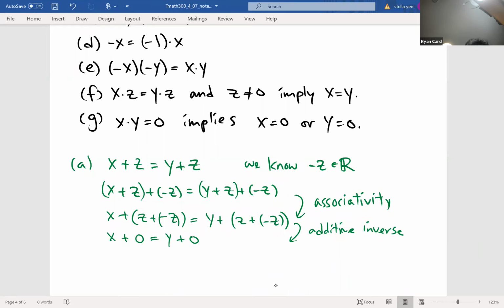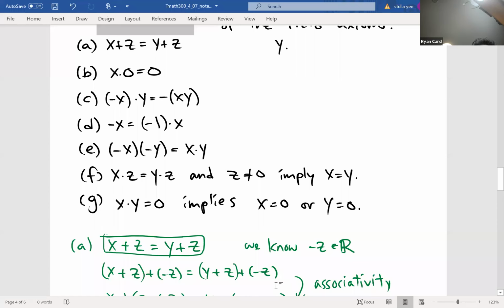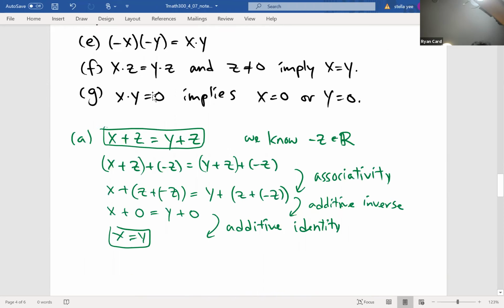If you take a 0 and add it to anything, you get back itself. This is the additive identity. So we started with x plus z is equal to y plus z, and we ended up with x equals y. So that's what part A was: x plus z equals y plus z implies x equals y. That's the end of the proof there.